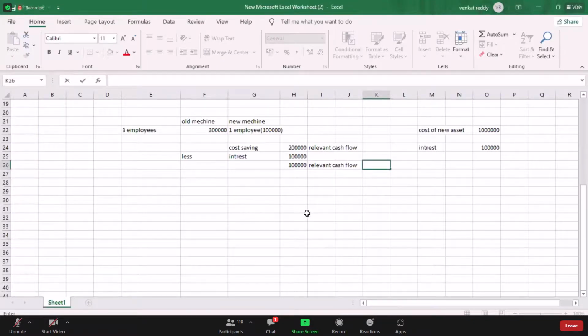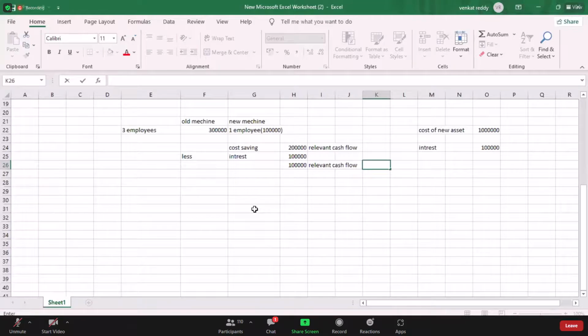Now, before purchasing the machine, how much am I showing as an expense towards the salary? 3 lakhs, right? I believe everyone might know this 3 lakhs can be shown as an expense. It means if I show 3 lakhs, my profits will decrease, so my tax will also decrease. So when I'm using the old machine, I get a tax benefit on this 3 lakhs.